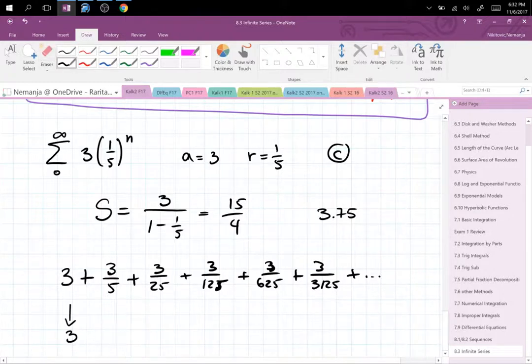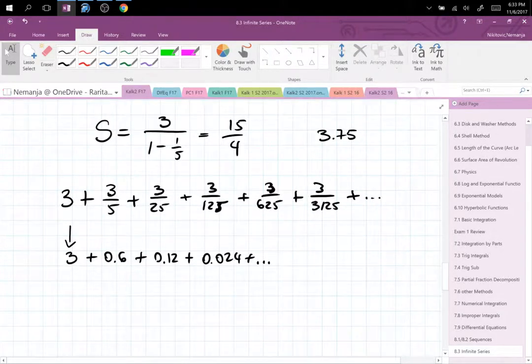And then you have 3/5, right? That's 0.6 plus, and then 3/25 is what? 0.12 plus 3 divided by 125 is 0.024 plus dot dot dot.